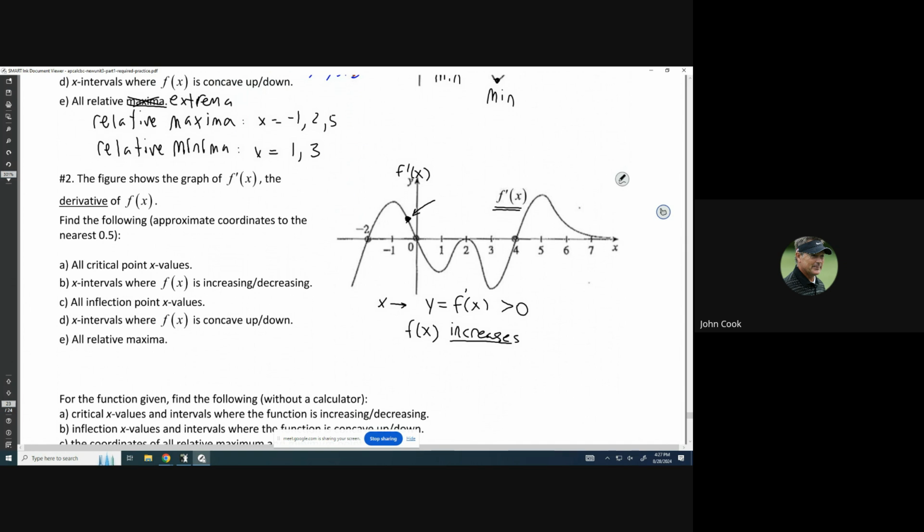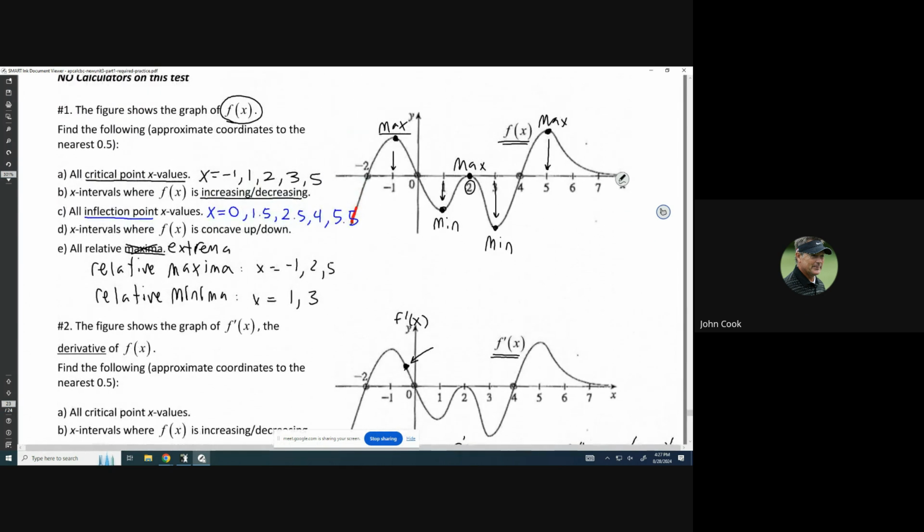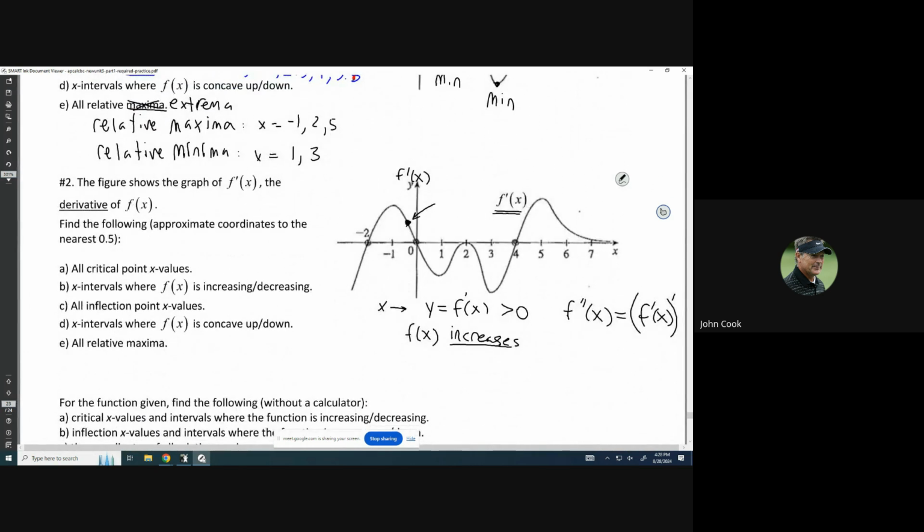Another thing is that at that point, I can talk a little bit about what's happening with the second derivative as well. Because remember that the second derivative is quite literally the derivative of the derivative, okay? So whatever analysis I used in the previous problem that talked about the derivative, the critical points and the intervals where it's increasing and decreasing, those same thoughts about increasing and decreasing are going to be applied to the second derivative, okay?